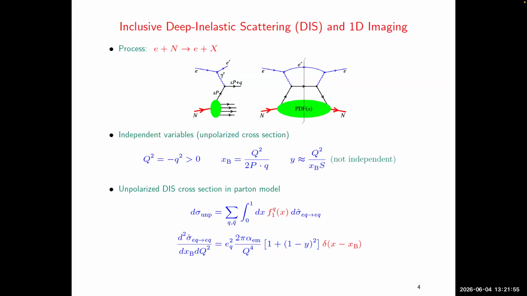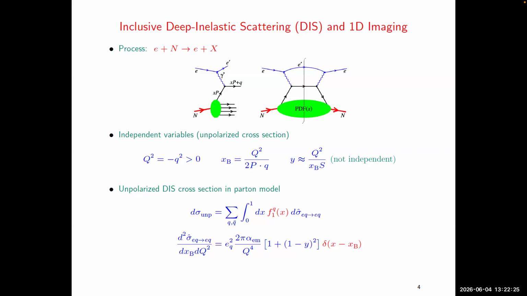The photon hits a quark, and then the struck quark together with the remnants of the nucleon form the inclusive system X. By definition, the only particle which is detected is the scattered electron. That's what defines inclusive deep inelastic scattering. The unpolarized cross-section is fully determined by two variables, capital Q squared, which is minus the four-momentum of that virtual photon squared, which is positive.